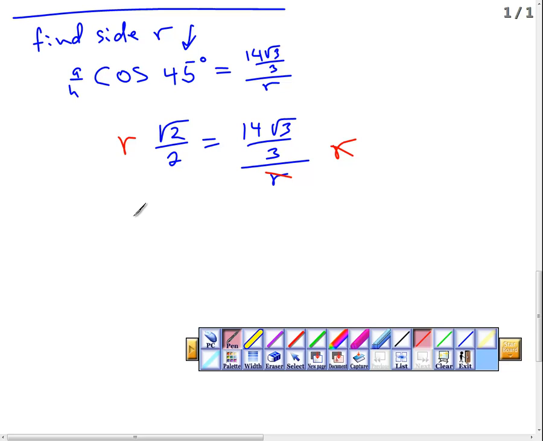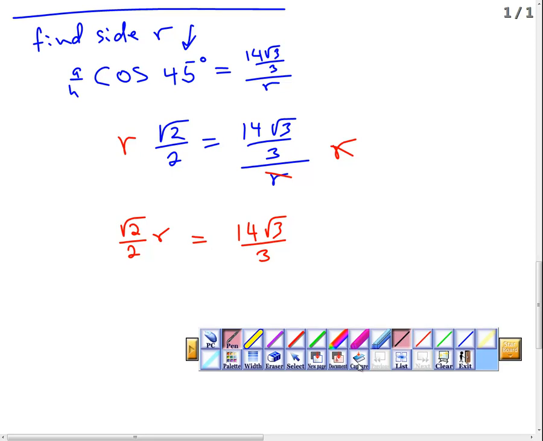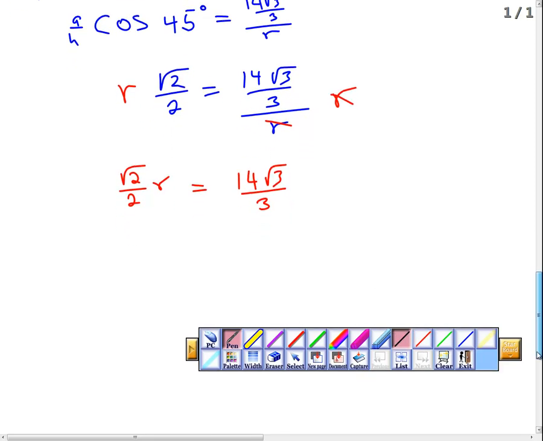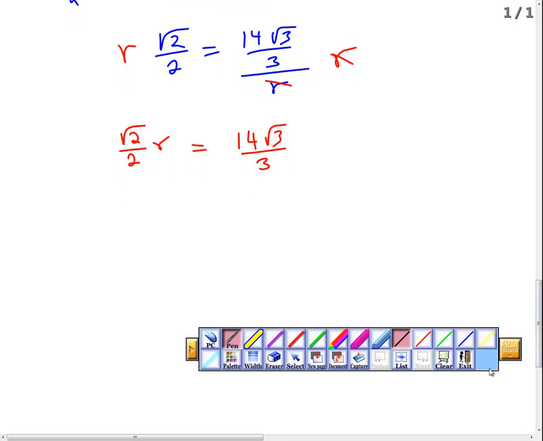And we get square root of 2 over 2 r equals 14 square root 3 over 3. Now what? Dylan? Well, we're trying to isolate r. Yeah, multiply by 2, right?